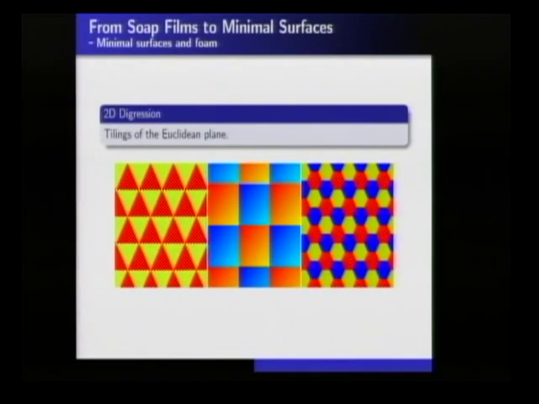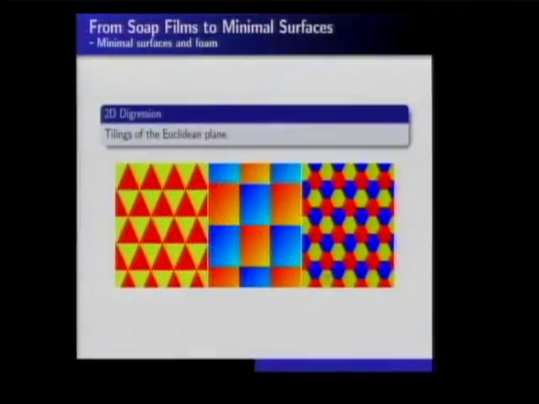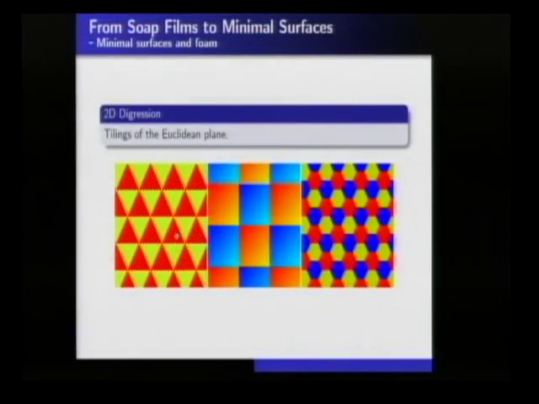How do you decompose space into cells? Say, fix the volume of the cell, and now I want to minimize its area. I want to find that most efficient soap foam. Think of foam. Anyway, in the plane we can understand. We have these decompositions of the plane, for example, triangles, squares, hexagons, right?